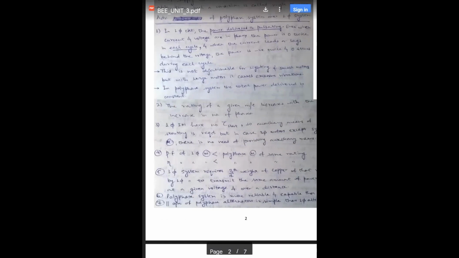So what are the advantages of the polyphase system over the single phase system? It is listed here. In the single phase circuit, the power delivered is pulsating. Why is it pulsating?